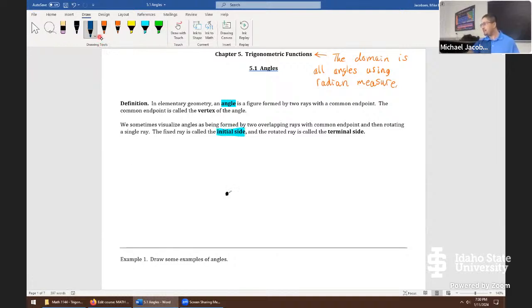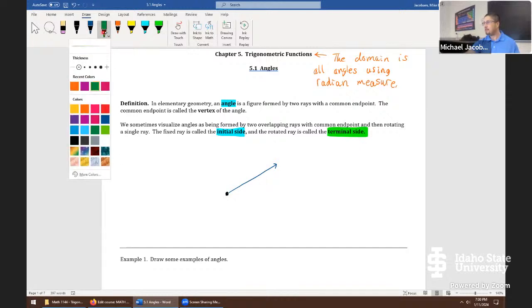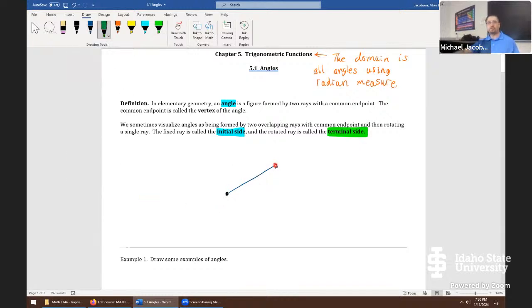And the ray that actually rotates is going to be the terminal side. So imagine two rays overlapped here, but one of them, the blue one, is the initial, and here's the one that rotated away. That's going to be our terminal side.